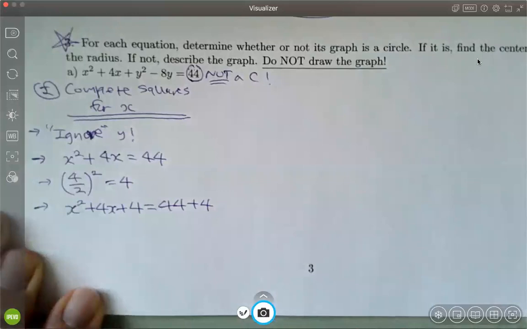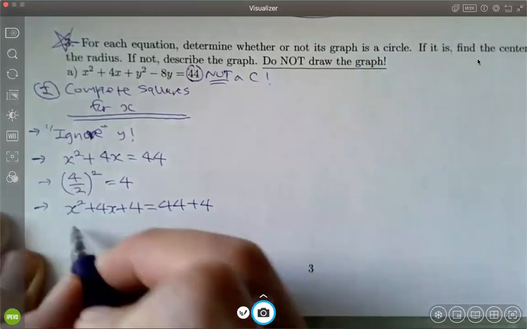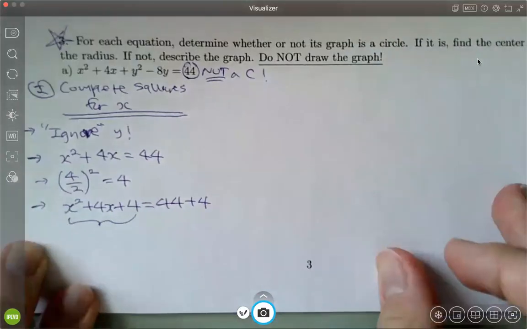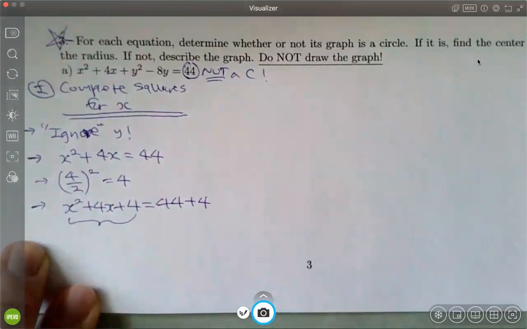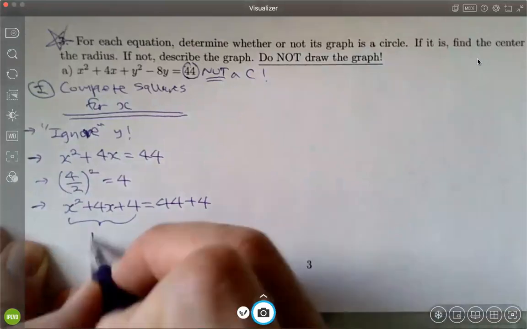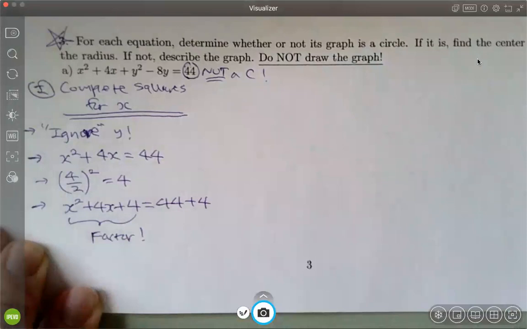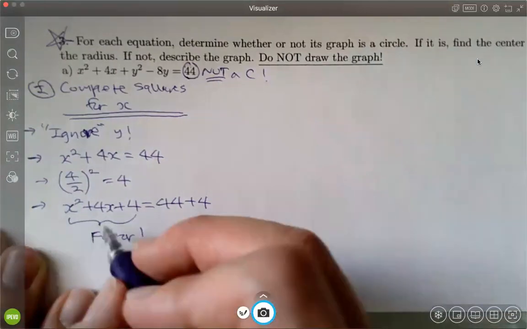And now, what do we do with this, x squared plus 4x plus 4? We need to factor, right? Can we factor this x squared plus 4x plus 4?